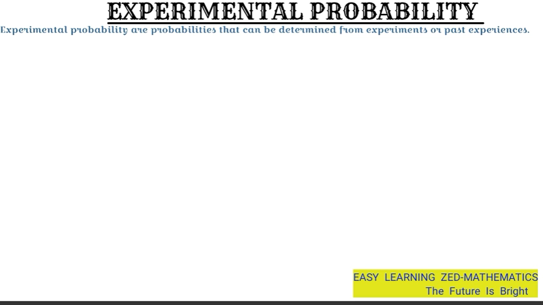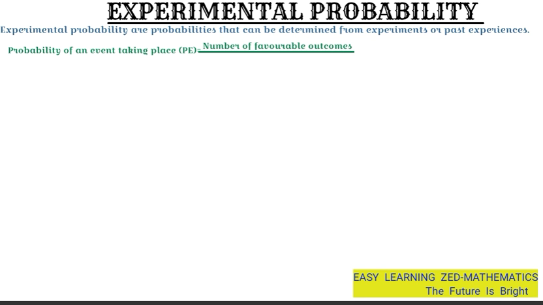So when you are trying to find the experimental probability, we use the formula, which is: probability of an event taking place is equal to the number of favorable outcomes over the total number of trials.